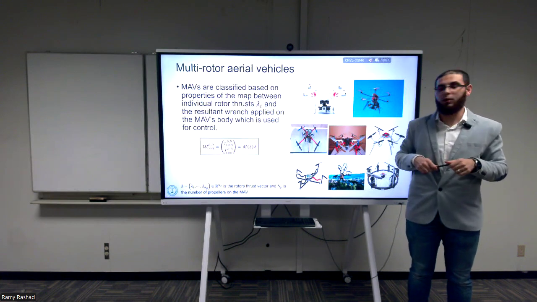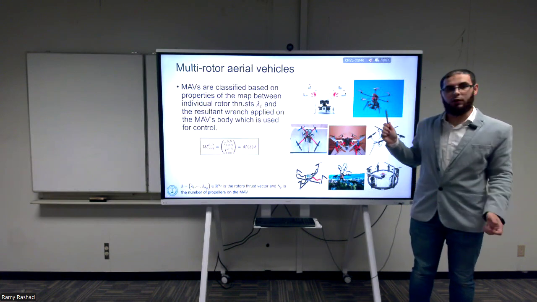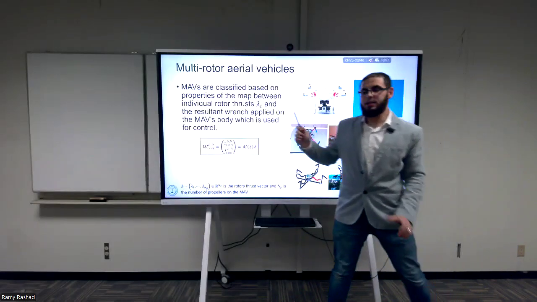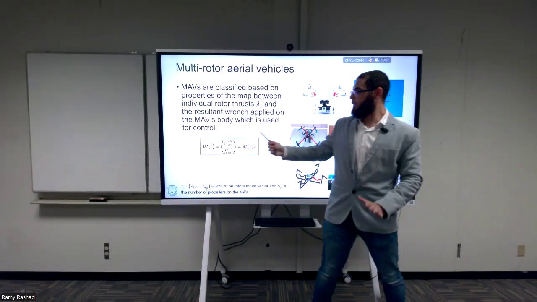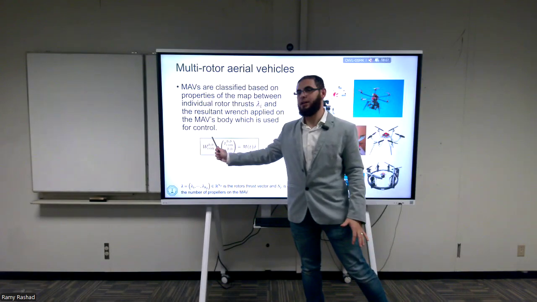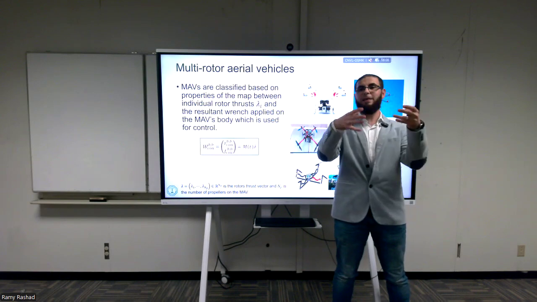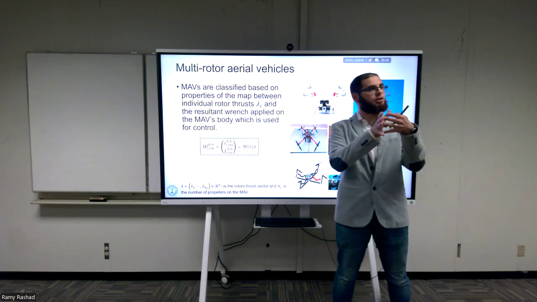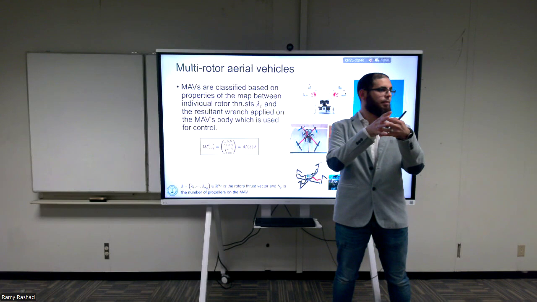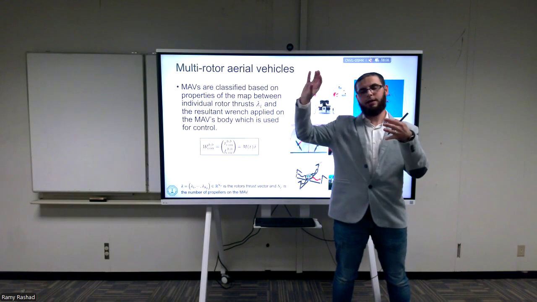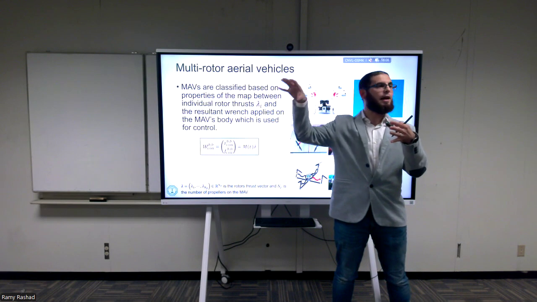I would say a very common way of doing control of multi-rotor aerial vehicles is that we design a controller only assuming that we have the wrench applied on the body. So I assume that I have one rigid body. What is the input and what is the output? The input is a wrench that comes from the propellers. And then I have as an output the homogeneous transformation, the pose, and the twist.